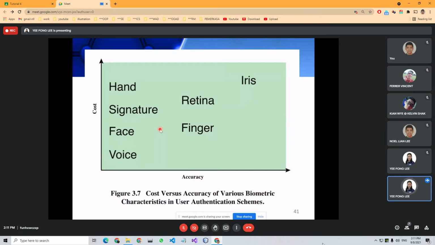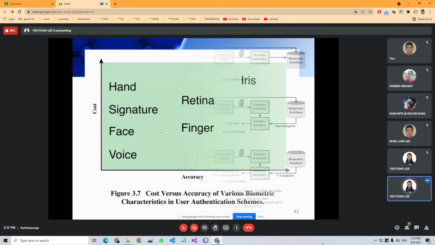This diagram compares the cost and the accuracy of biometric measurements. Looking at the cost, the highest is iris, and its accuracy is also the highest. Voice recognition is cheaper, and its accuracy is also lower.